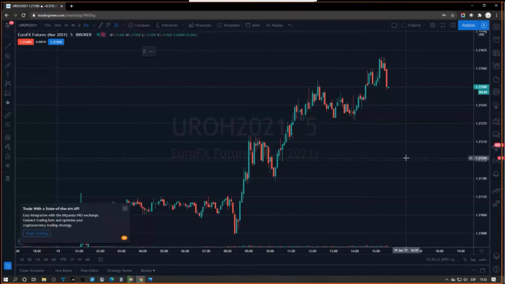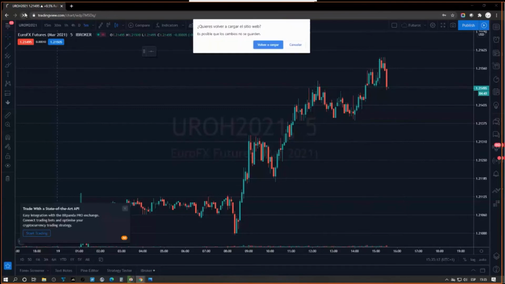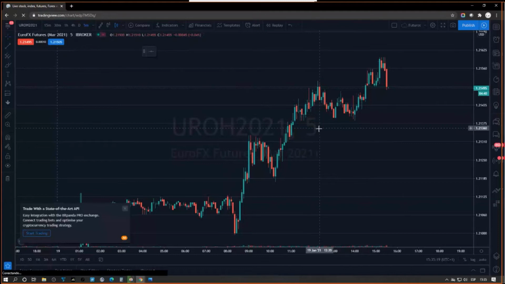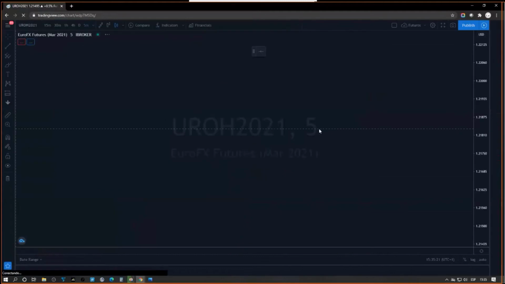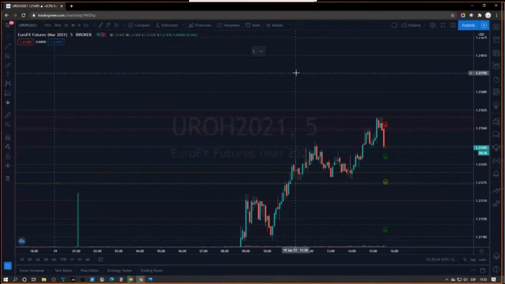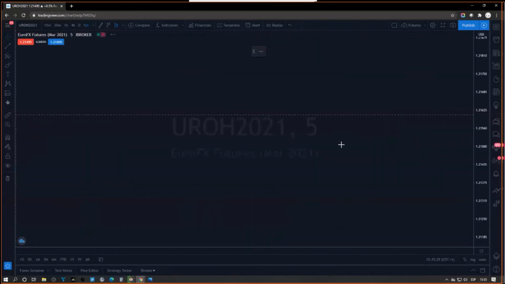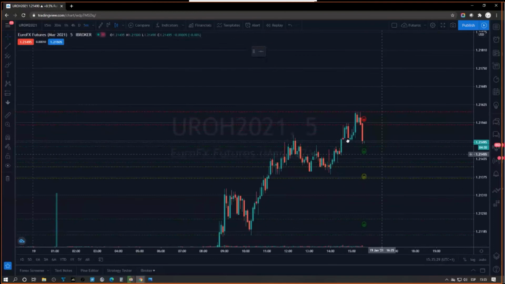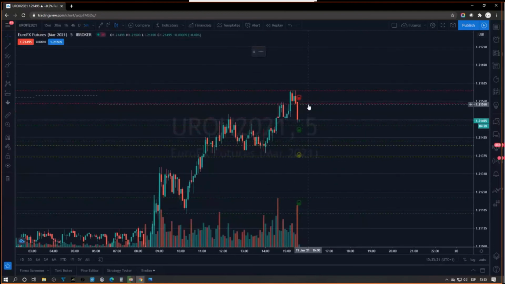So let's begin with this chart, the euro. As you can see, we are in the TradingView platform. Let me just reload this. I'm looking at the euro. If you are familiar with the UFOs, they show you the buying and the selling areas on any asset. In this case, I only trade the euro, that's why I always use the euro.